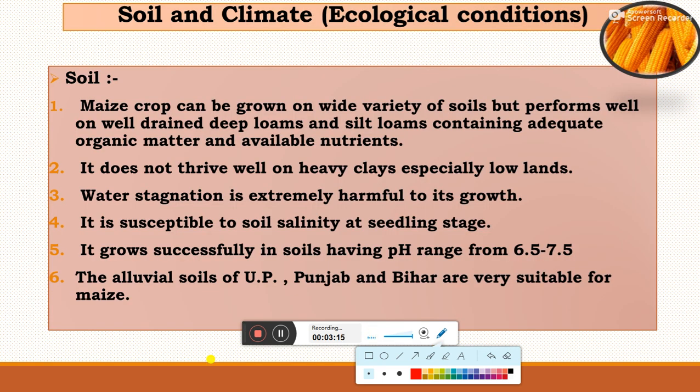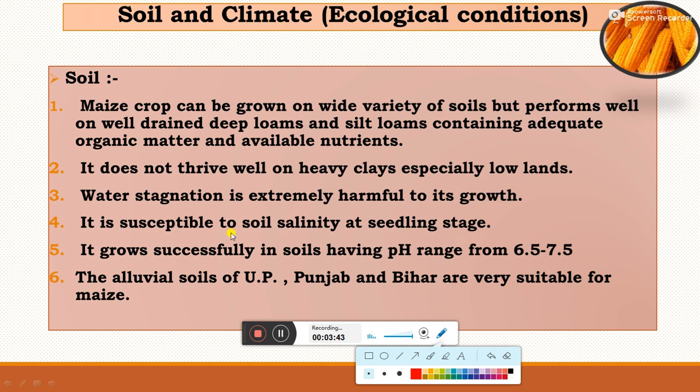Next one, the most important, that is ecological conditions, that is soil and climate, especially required for maize. Maize crop can be grown on a wide range of soils, especially it performs well on well-drained, deep loamy and silt loams containing adequate organic matter and available nutrients, and it does not thrive well on heavy clays, especially in lowlands, and water stagnation is extremely harmful for its growth.